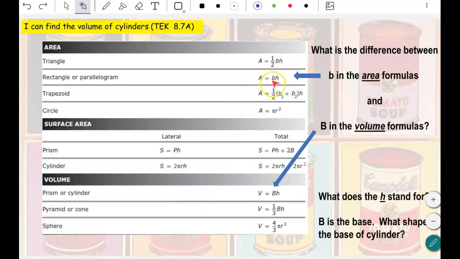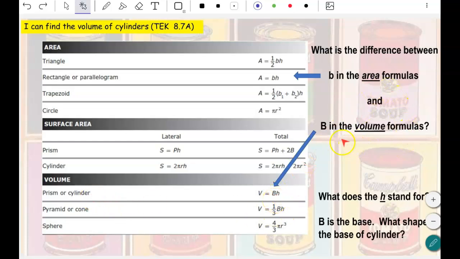This has a small b here, and this has the big B. The reason this is just the small b is because it's just the side. Like it says rectangle, so it's like the base of a rectangle would be the length of it. So it's just a side, where this is the area of the bottom. So in a cylinder, that's going to be that circle.